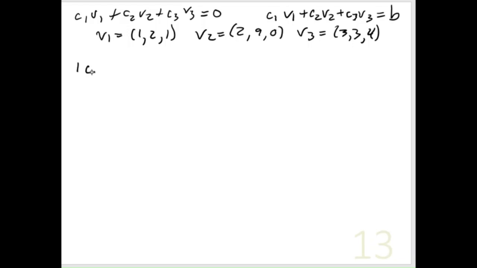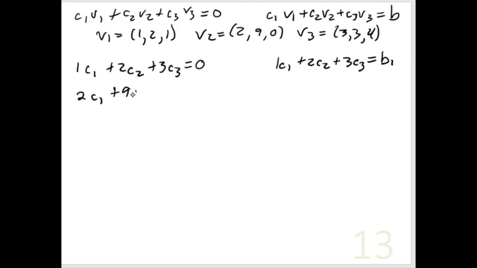So we have 1C1 plus 2C2 plus 3C3 equals 0 on this side, and then the same thing here, 1C1 plus 2C2 plus 3C3, except now it's going to equal b1. Then we have 2C1 plus 9C2 plus 3C3 equals 0, and here 2C1 plus 9C2 plus 3C3 equals b2.